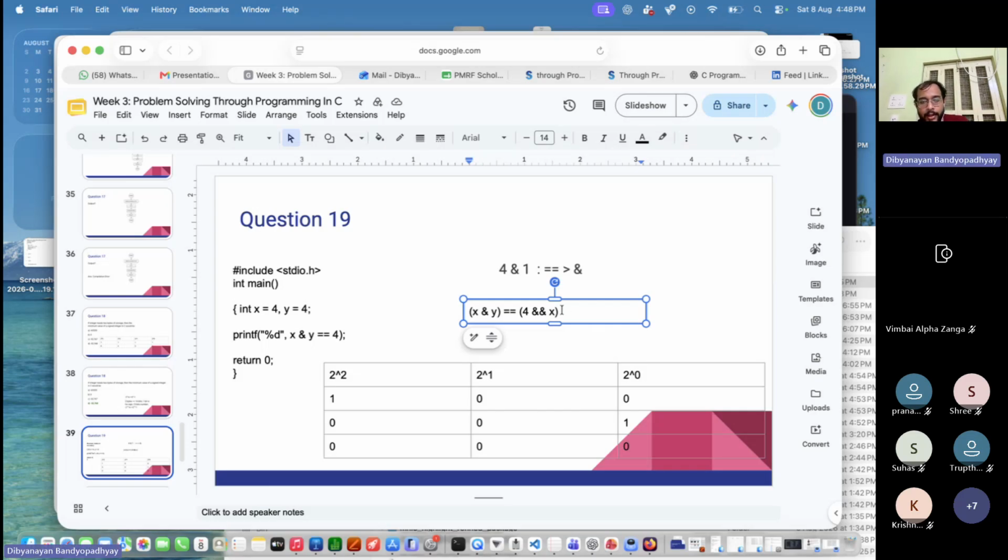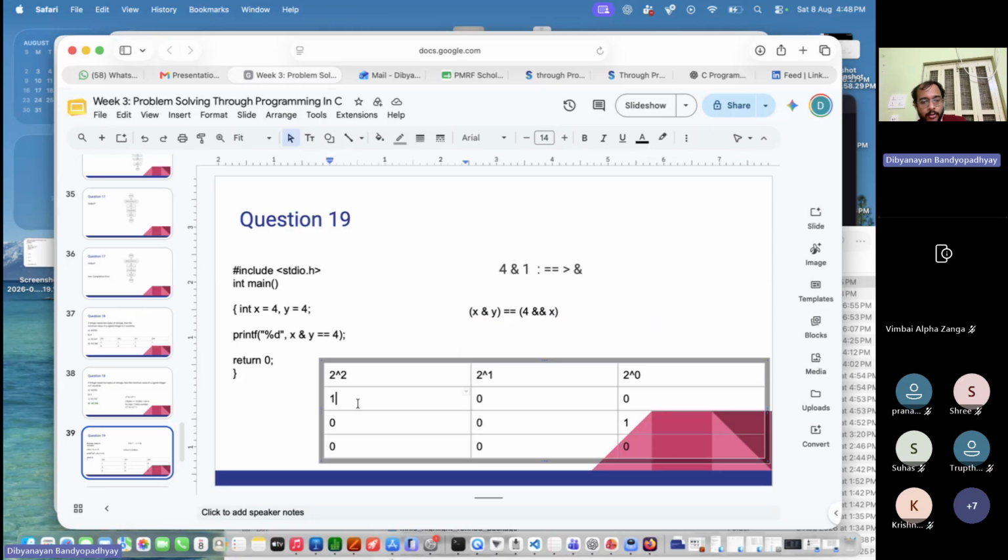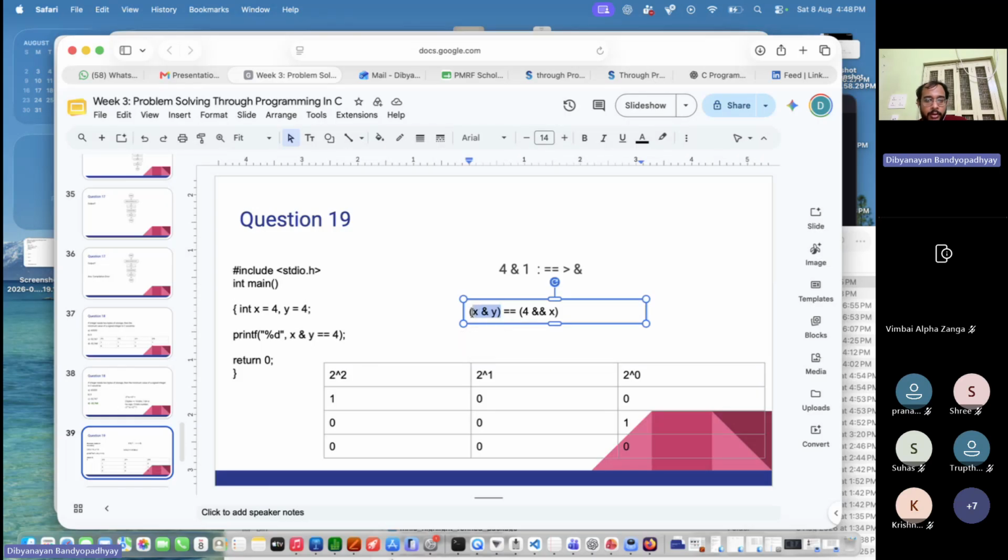So if this is the way, then you just do x and y. So what is x? x is 4, y is 4. So just do the bitwise AND operation. So 100 and 100. So it is basically 100, which is equal to 4. So it will evaluate to 4 equal to 4 and x. So 4 and x is what? It is 4 and 4. Okay. So what is 4 and 4?